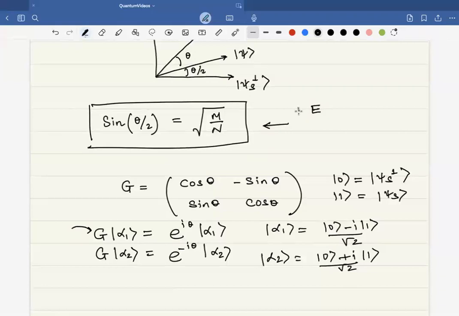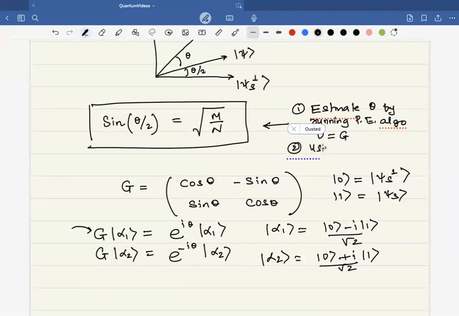So the idea is two-step: estimate theta by running a phase estimation algorithm with U equal to the Grover operator, and then use the relationship between theta and m, which is given by this equation, to estimate m.